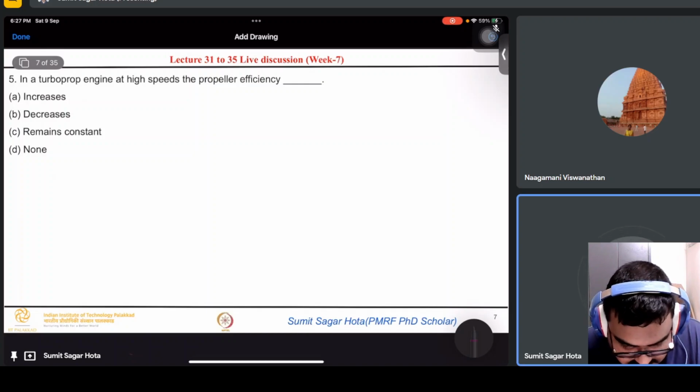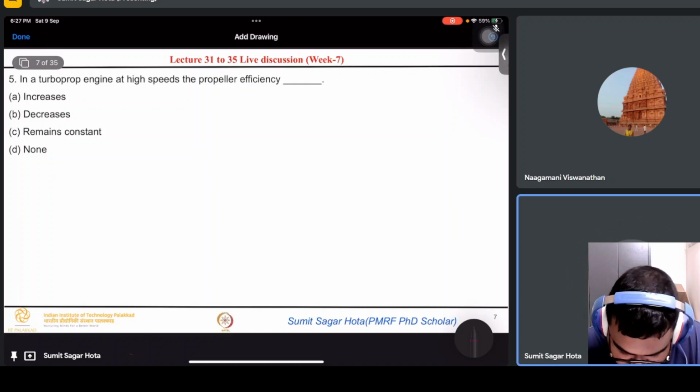In a turboprop engine at high speed, what happens to the propeller efficiency: does it decrease or increase?